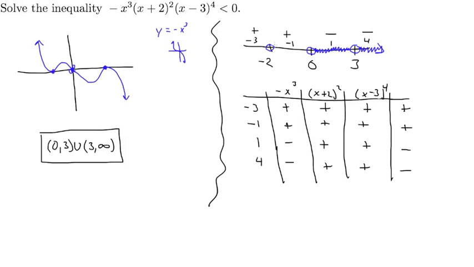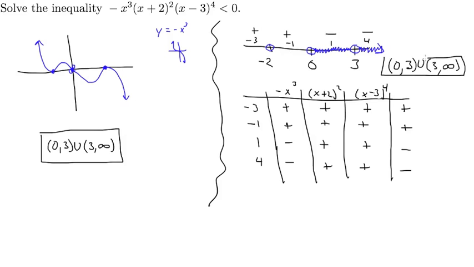I put an open circle there just to remind me I don't want -2, so it's not part of my answer. 0 is not part of my answer, but it is a boundary. So I'm going to put an open bracket, 0 to 3, and then start right back up again at 3 and go to infinity.